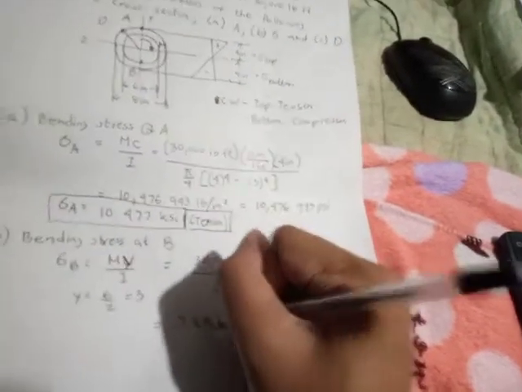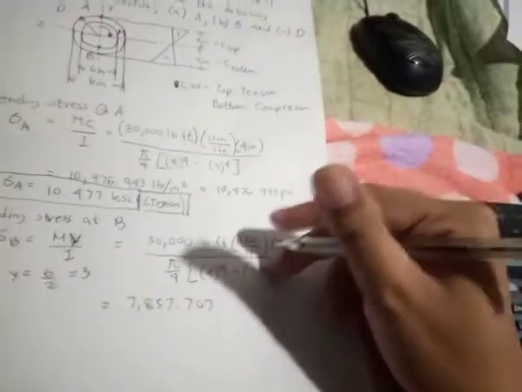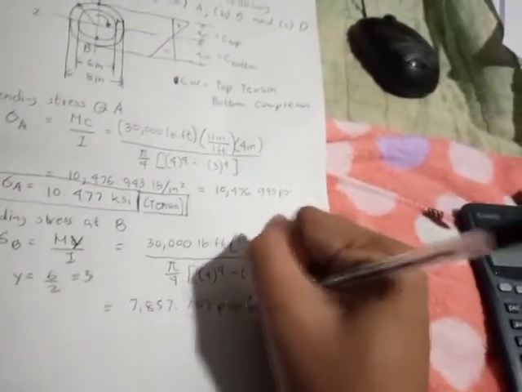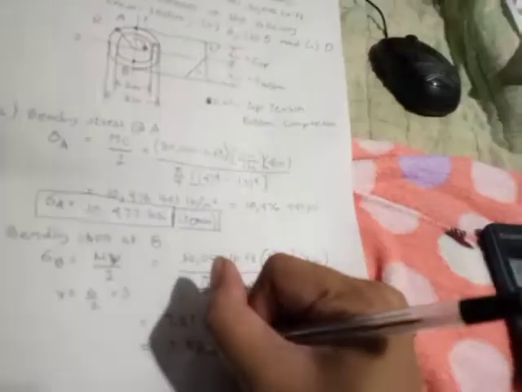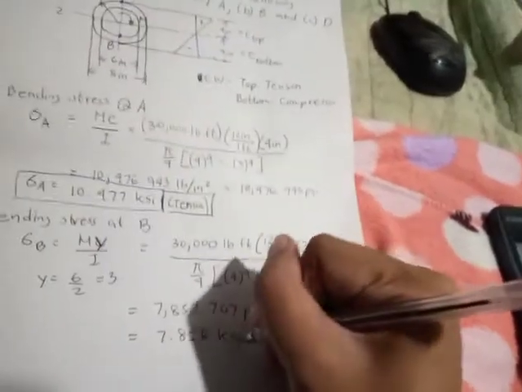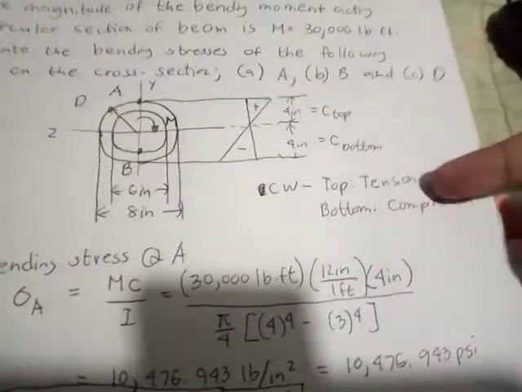Okay, so our answer will be 7,857.707, since this is pound-inch per inch to the fourth, so it will become PSI, or it is equivalent to 7.858 KSI. Since B is located at the bottom, and it is acted upon by a clockwise moment, it will be in compression.